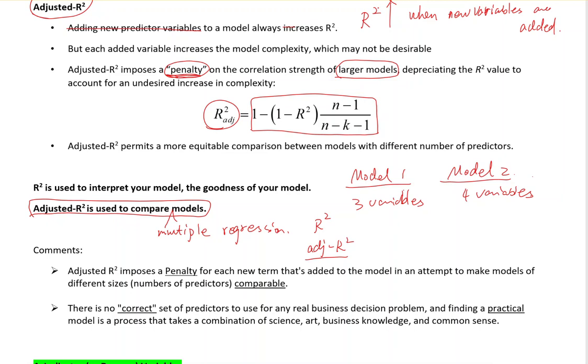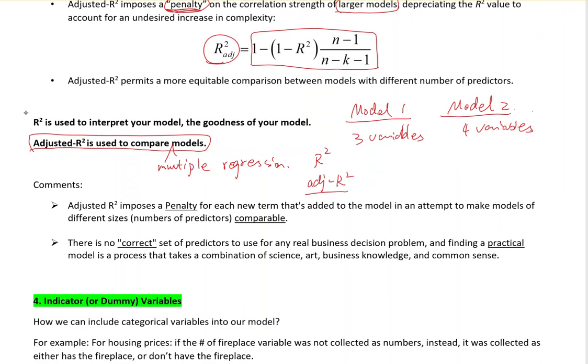All right. So remember, the adjusted R-square is used to compare multiple regressions, and R-square is used to interpret your model. How good is your model?